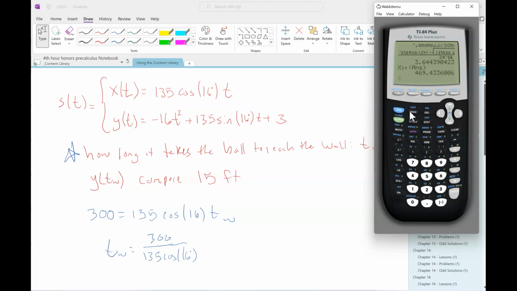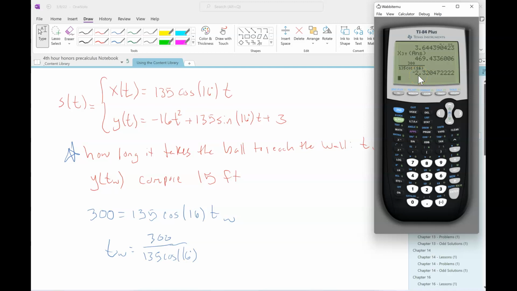Anyways, 300 divided by 135 cosine 16. Notice that I'm using the fraction command to do that. And if I press enter right now, that doesn't seem right.